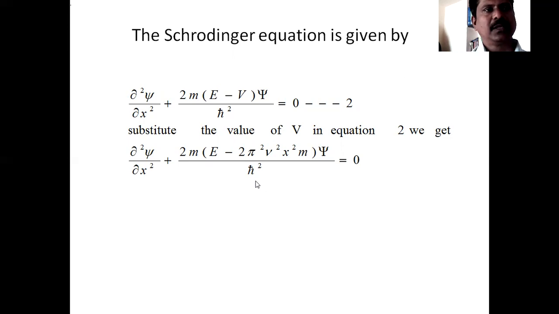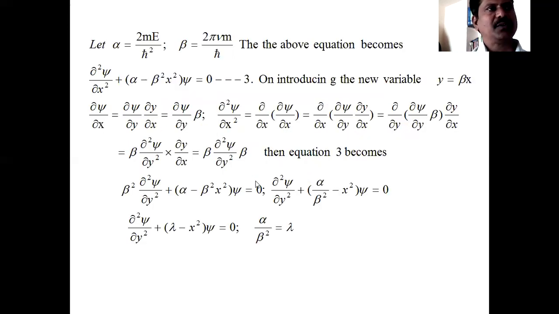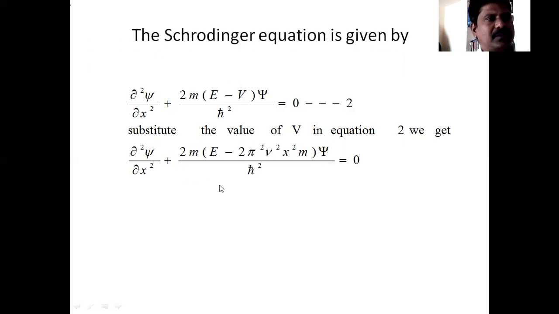After inserting this, we want to make some adjustment. So take alpha equal to 2mE by h cross square and beta equal to 2 pi mu m divided by h cross.